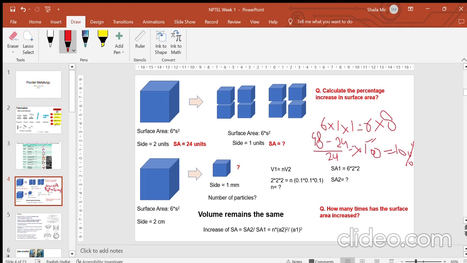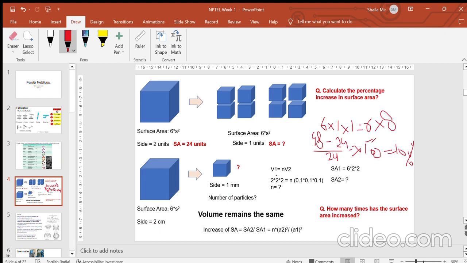From here we can calculate the number of smaller cubes that are formed after crushing of this large cube, to get a particle size of 1 mm. So if we are moving from a size of 2 centimeter to a size of 1 mm, we can identify how many particles can be produced.